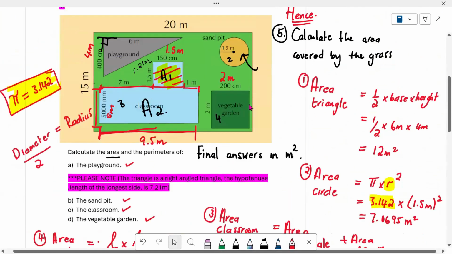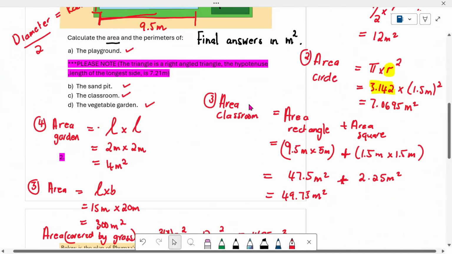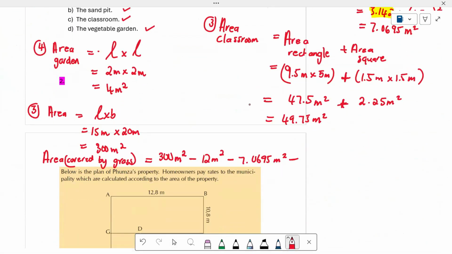Minus the area of the classroom, which was 49,75 meters squared. Minus the area of the vegetable garden, 4 meters squared. So we're going to be minusing all of these. I'm going to write the total here. What's my answer? It's 227,1805 meters squared.